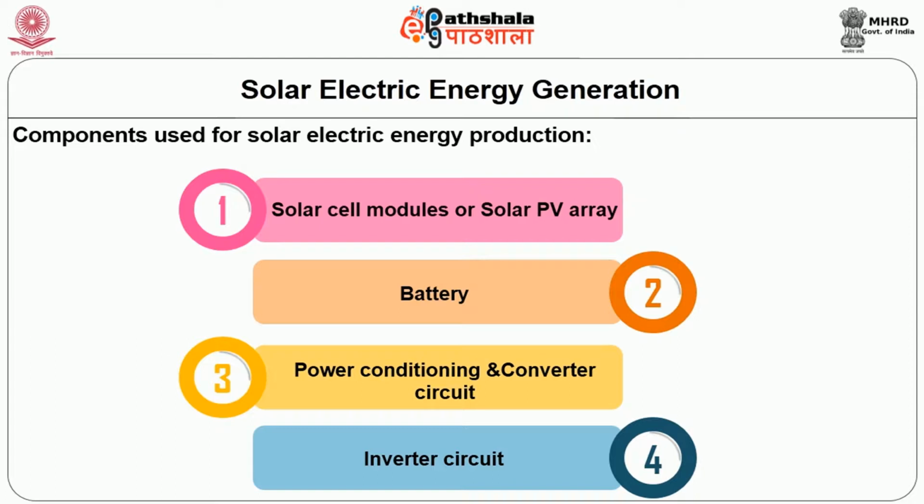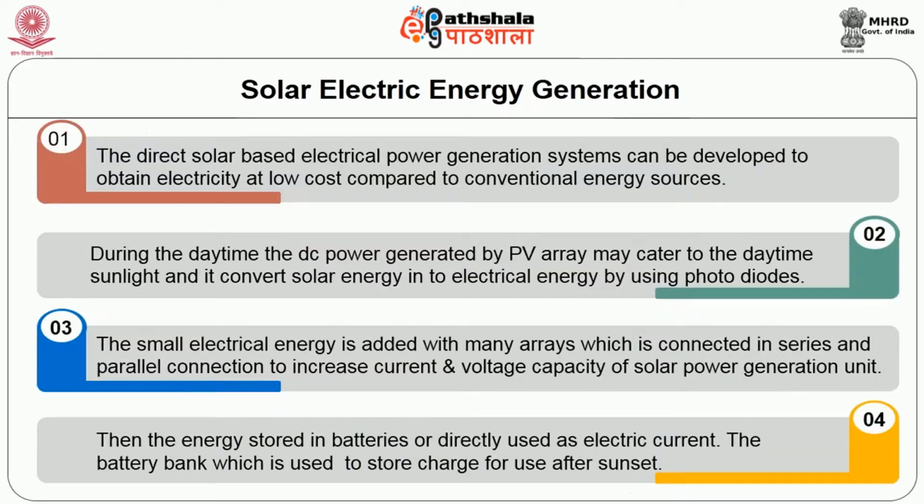The direct solar based electrical power generation systems can be developed to obtain electricity at a low cost compared to conventional energy sources. During the daytime, the DC power generated by the PV array may cater to the daytime load, and it converts solar energy into electrical energy by using photodiodes.